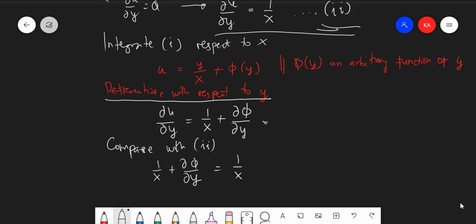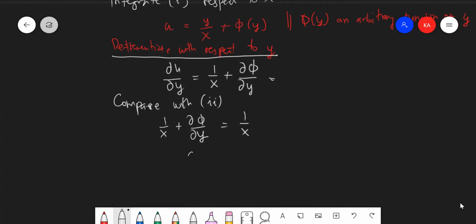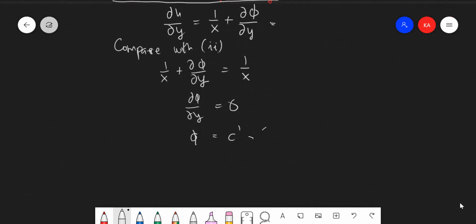So we get that ∂theta/∂y is equivalent to 0. So theta is c prime here, and c prime is a constant.